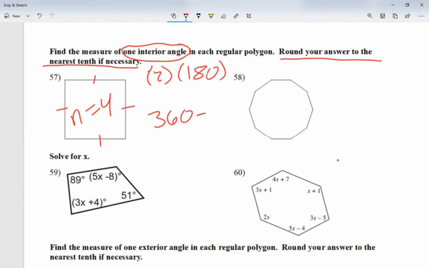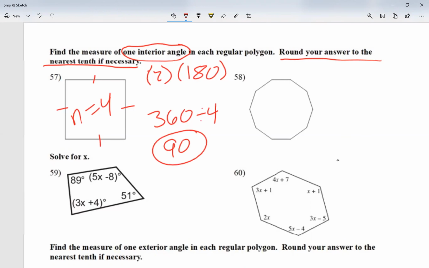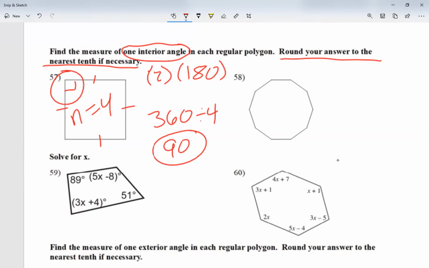I'm going to divide this by 4 because there's 4 angles. 360 divided by 4 is 90. So one of my angles is 90. We can be like, yeah, that one kind of looked like 90 to begin with. Well, now we know.